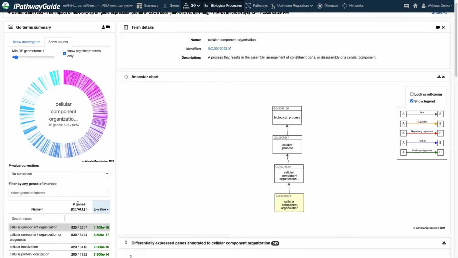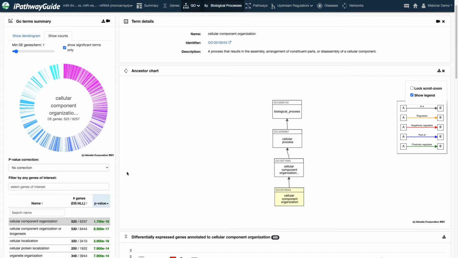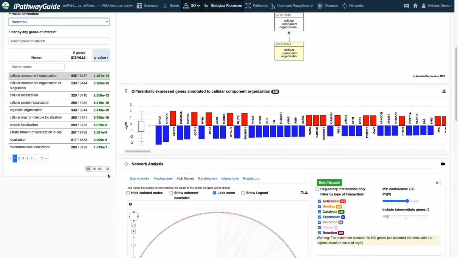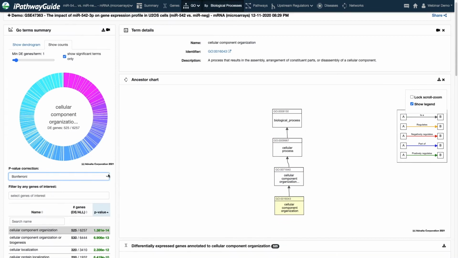So the first thing you can do, and this is available in every module, is select Bonferroni correction. This is the most stringent correction for multiple comparisons that we have. You're still at 150 significant results.